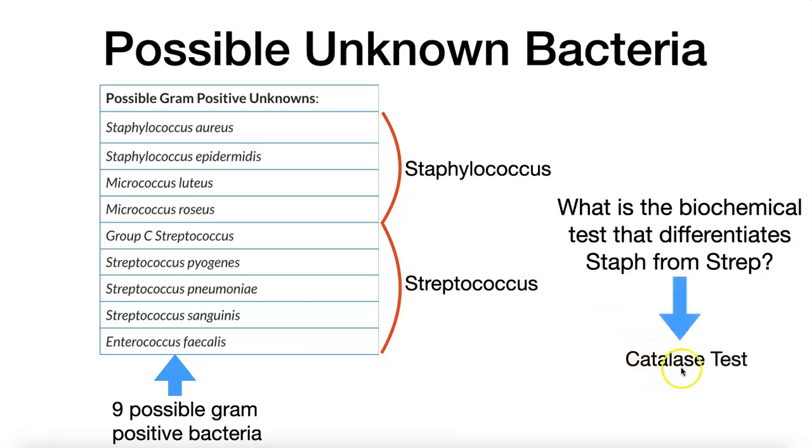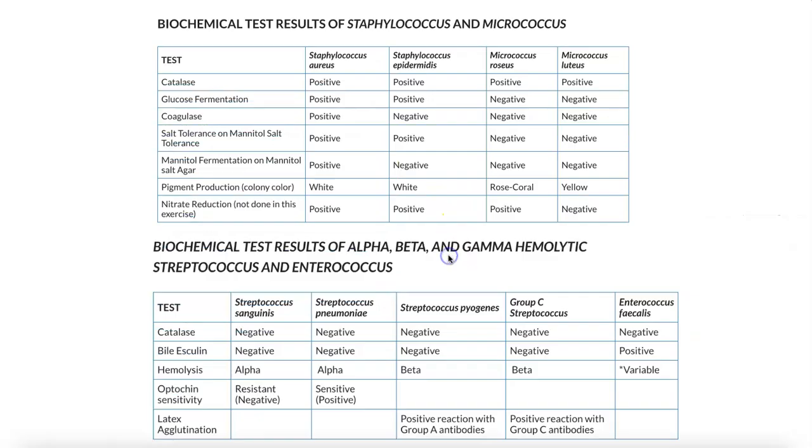As you might guess based on the name, this is a biochemical test that is testing for the presence of the catalase enzyme. As I mentioned, all staph have this enzyme catalase, so they are positive, and all strep do not have this enzyme, so they are catalase negative. This can be seen in what we call these biochemical test tables.